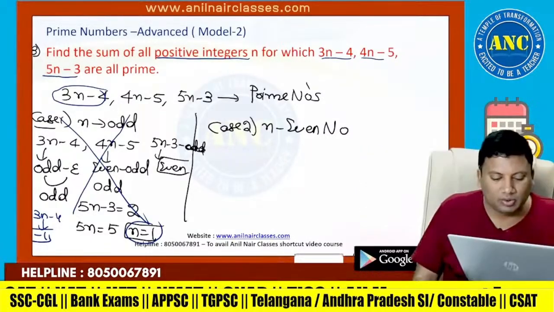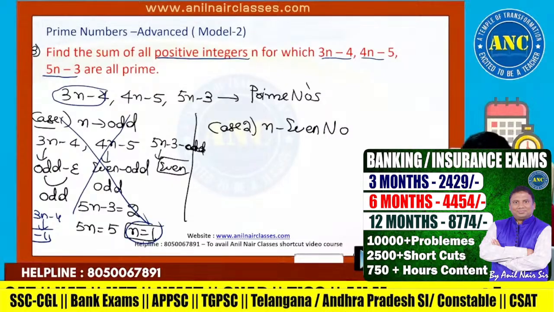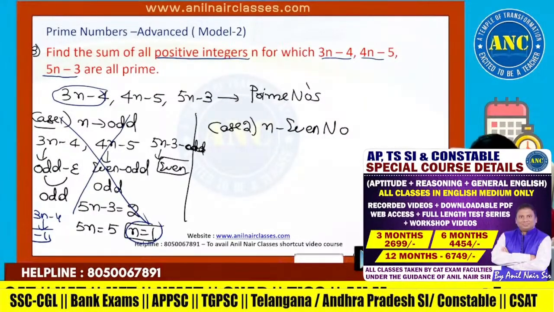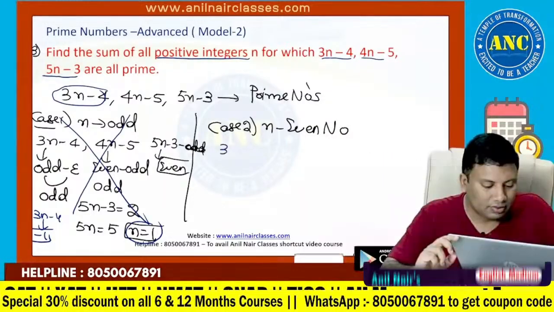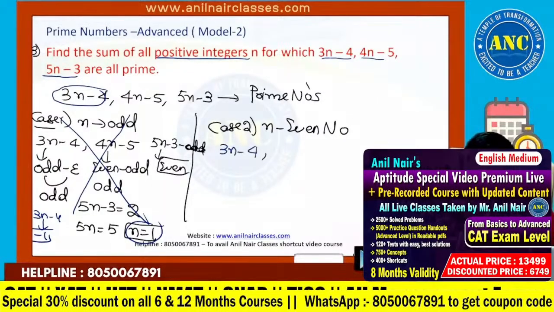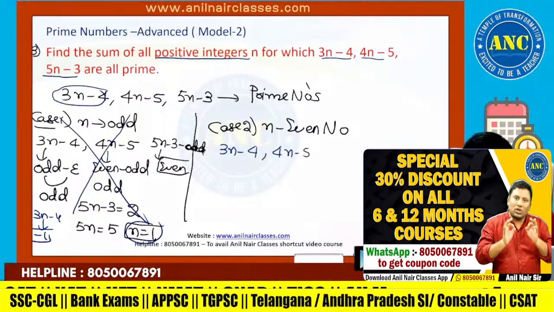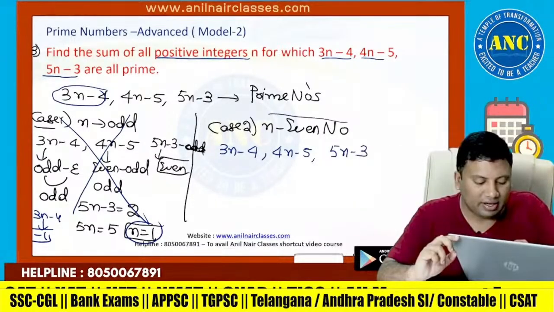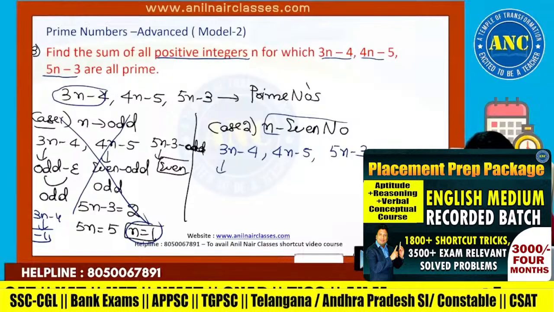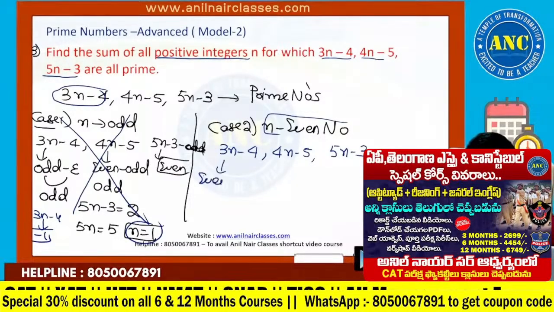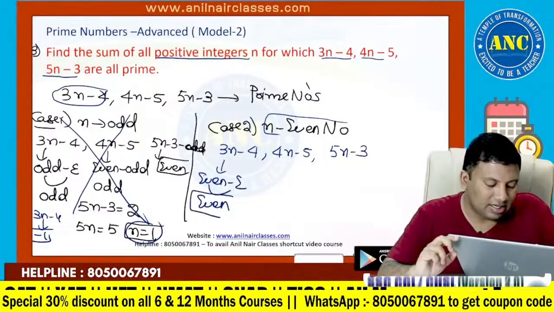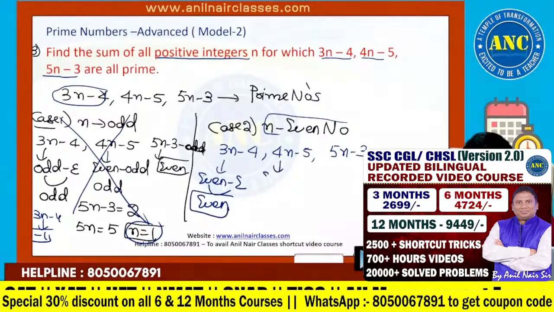Case number 2: n is an even number. So if n is an even number, now if you see here, 3n minus 4, 4n minus 5, 5n minus 3. n is an even number. Even into odd, even number. 4 is an even number. Even minus even, it is even. Even into even number, even.